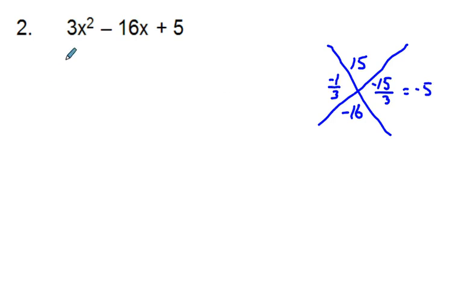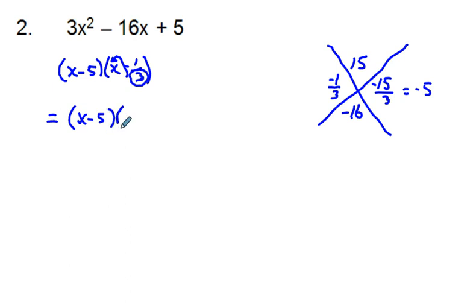And so now we have x minus 5 times quantity x minus 1/3. And then we use our bottoms up with this 3. So this 3 will come up here. So what we're left with is quantity x minus 5 times quantity 3x minus 1.